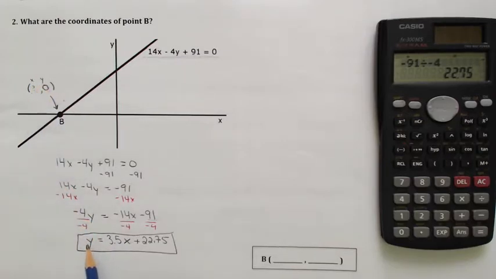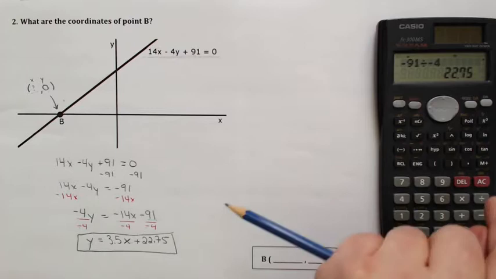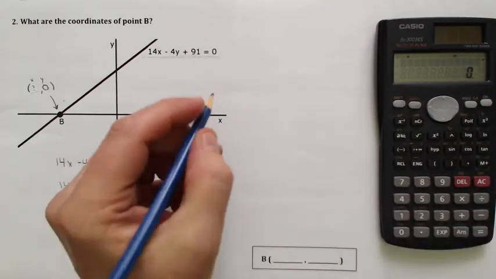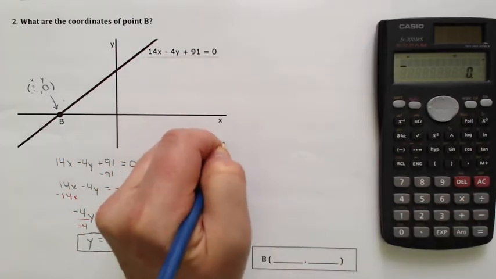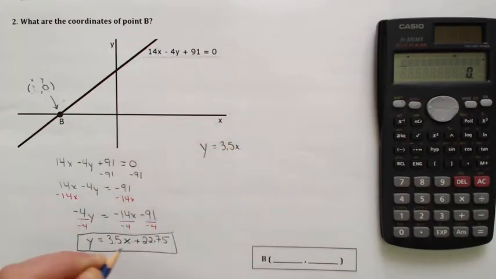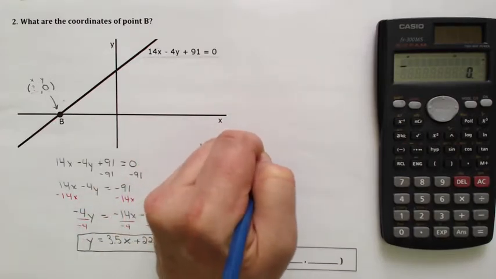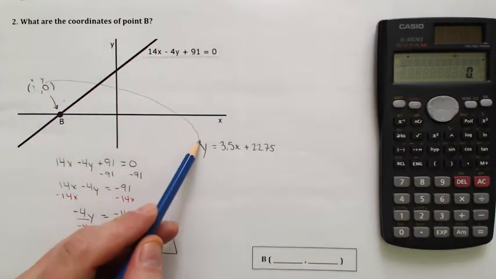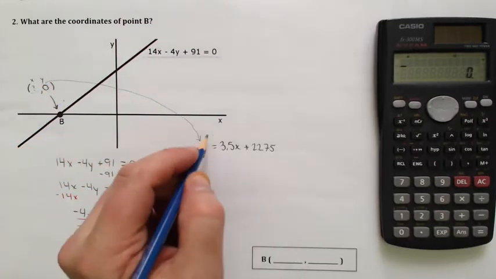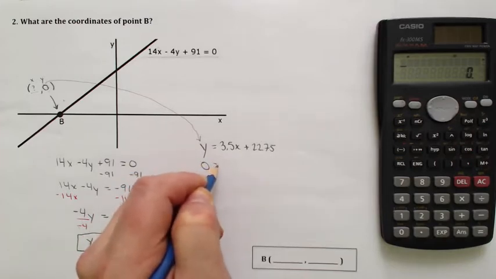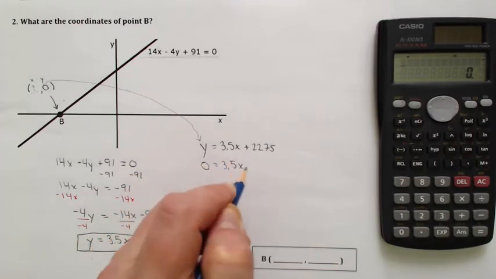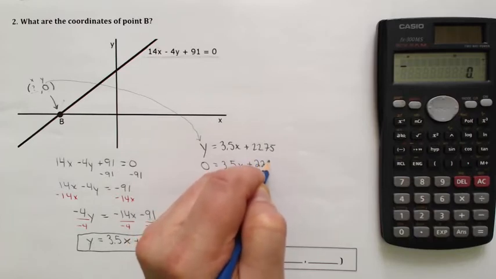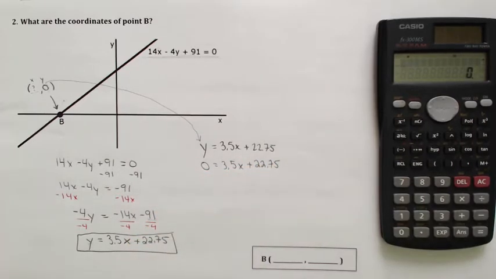So that means I can substitute that 0 in the equation. I'm just going to take a second to rewrite my equation. y is equal to 3.5x plus 22.75. And now, remembering that y is 0, 0 will be equal to 3.5x plus 22.75.